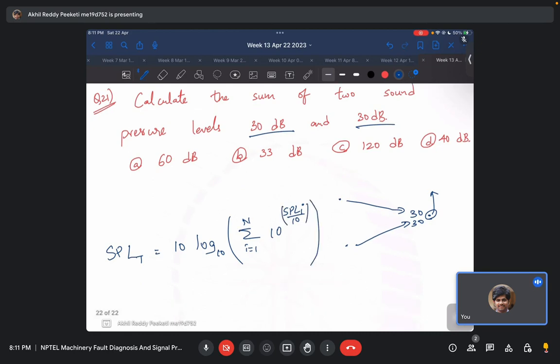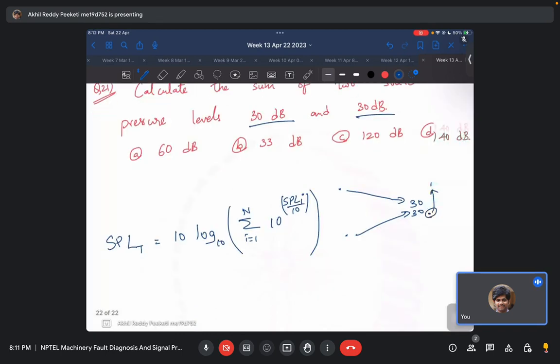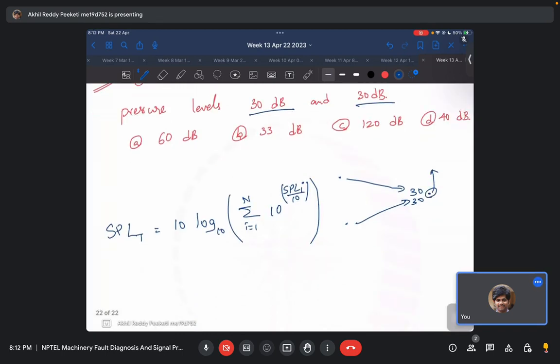However many sound pressure levels you are adding up, the formula is 10 log 10 of the sum of 10 power SPL i by 10. This way you can add any number of sound pressure levels. Now if all of them are equal, and you have only two of them, then this would become simpler.